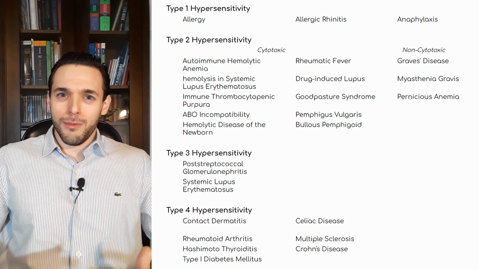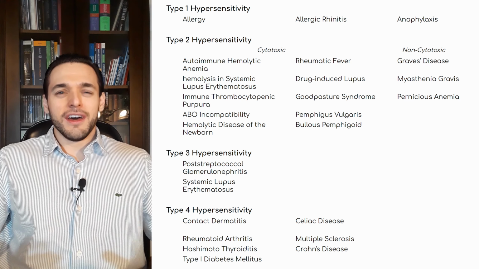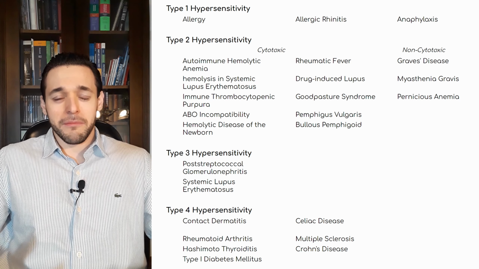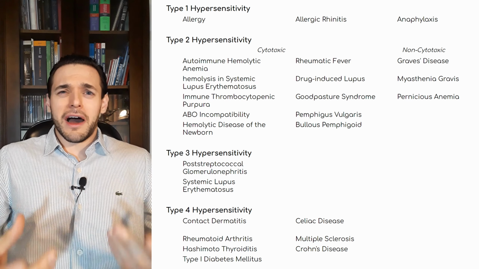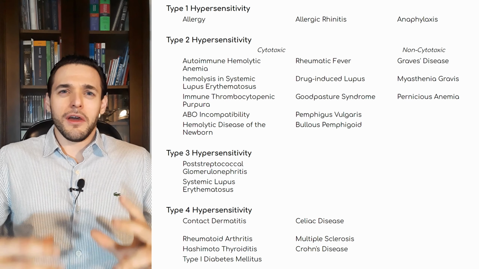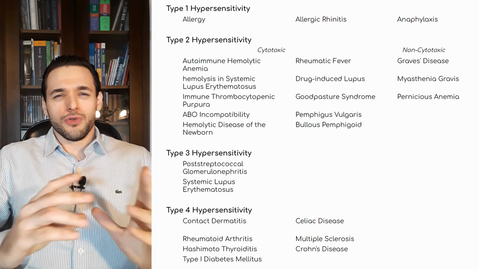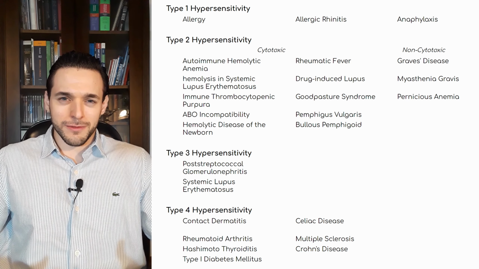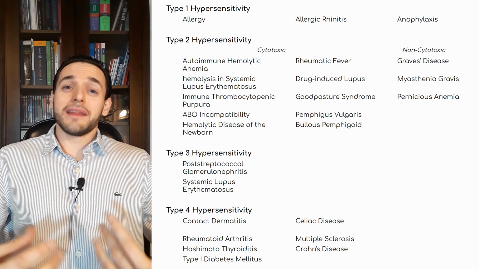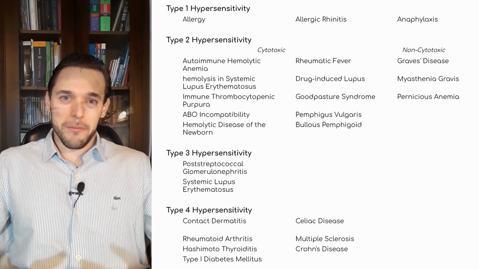The immunoglobulins are non-cytotoxic. There is indeed, of course, cell death, but it's mostly cell-mediated. So, you could argue that pernicious anemia is a combined type 2 non-cytotoxic and type 4 hypersensitivity reaction. There is no antibody-mediated cell death.